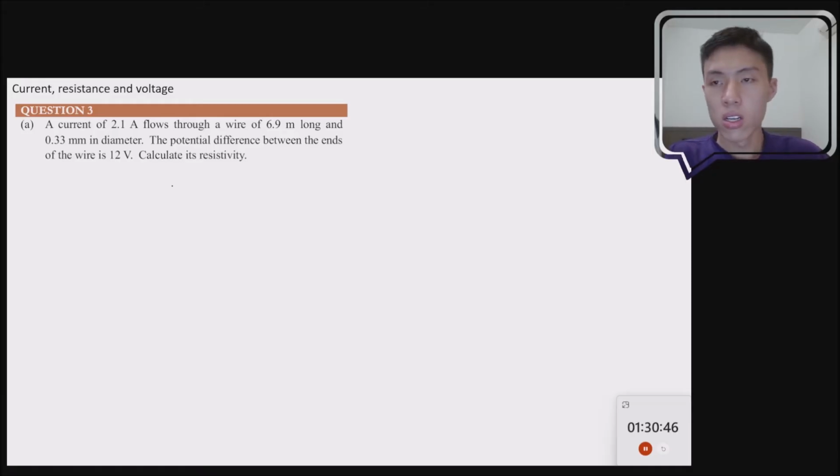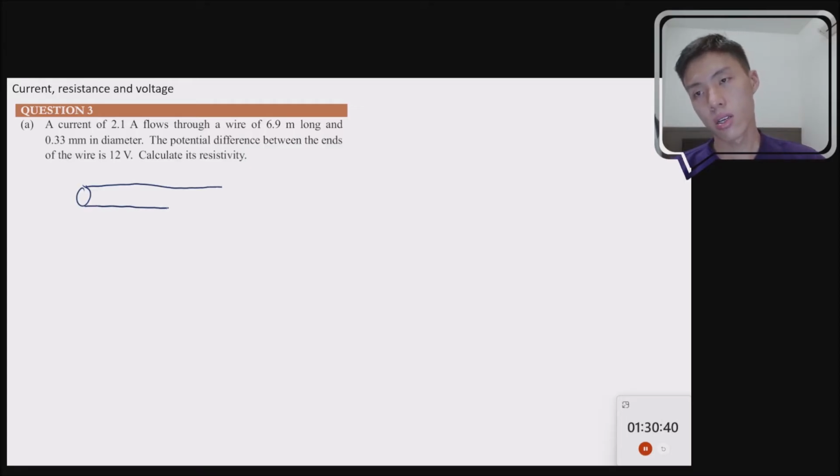So let me sketch a situation. You have your wire. This wire is 6.9 meter long, and the diameter is 0.33 times 10 to the power of negative 3 meter.